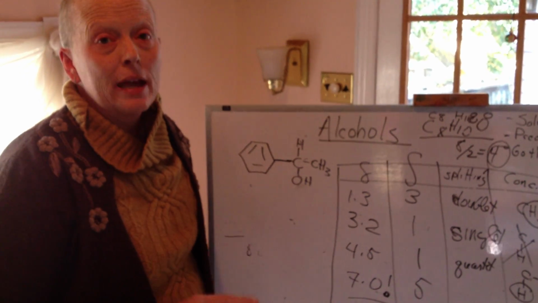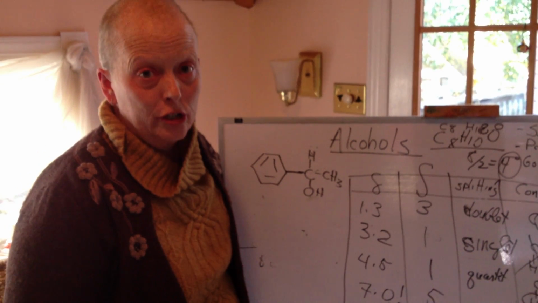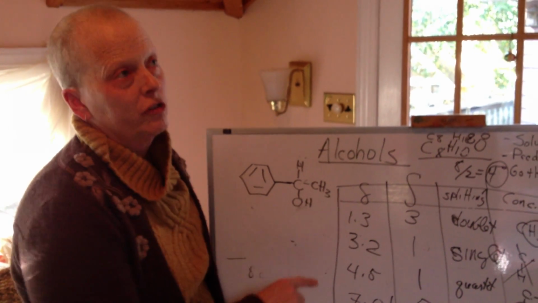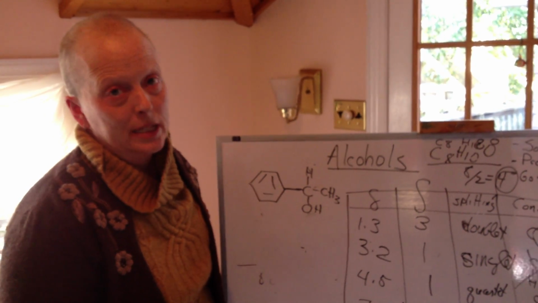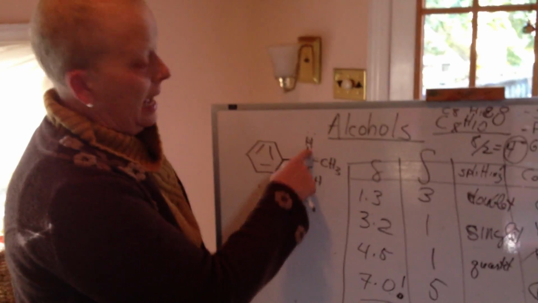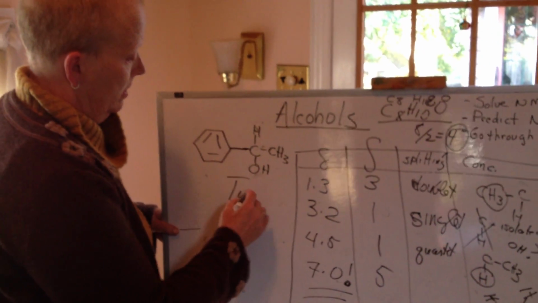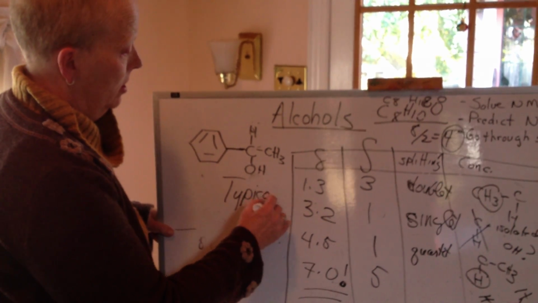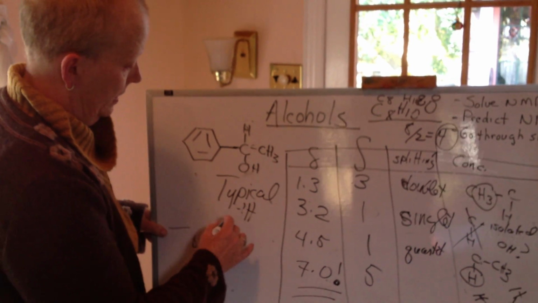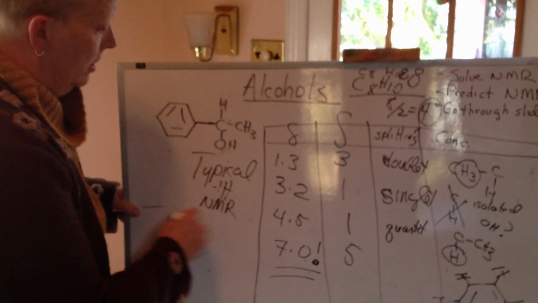Okay? Now, if you get rid of that chemical exchange, which you can do, and you usually do that by neutralizing the solvent, this actually will split. But in a typical proton NMR, these are things you have to learn as you go along.